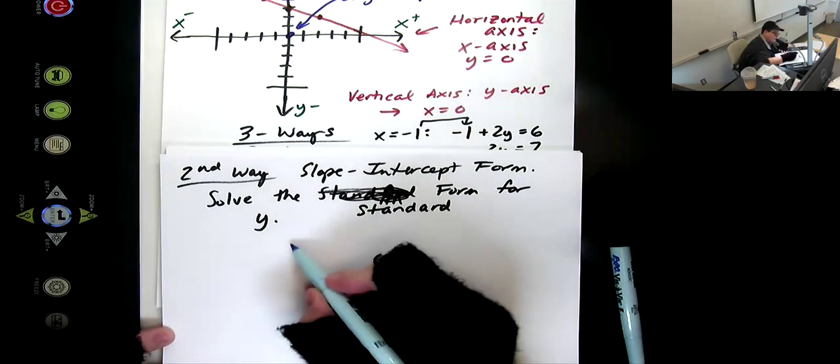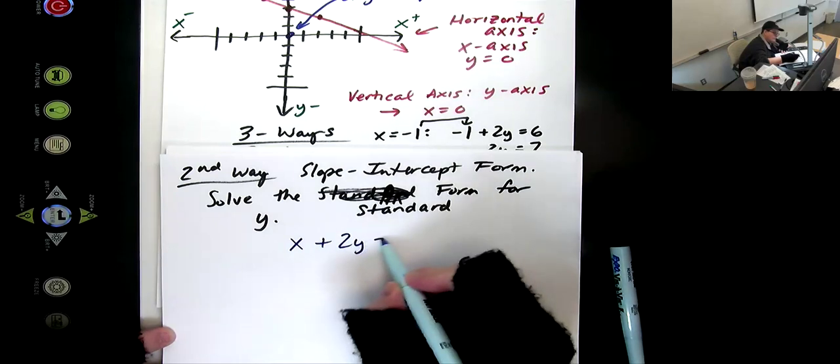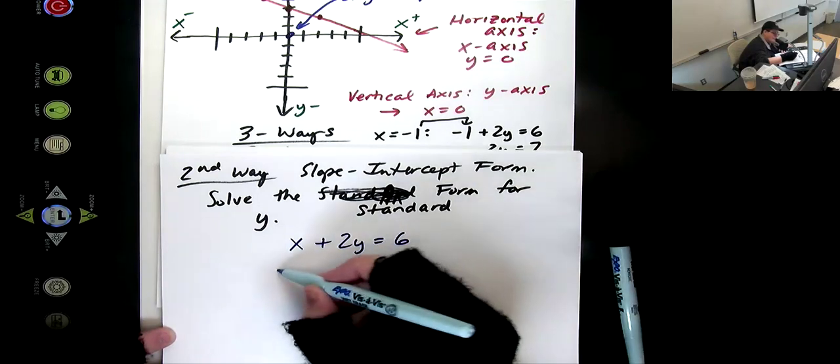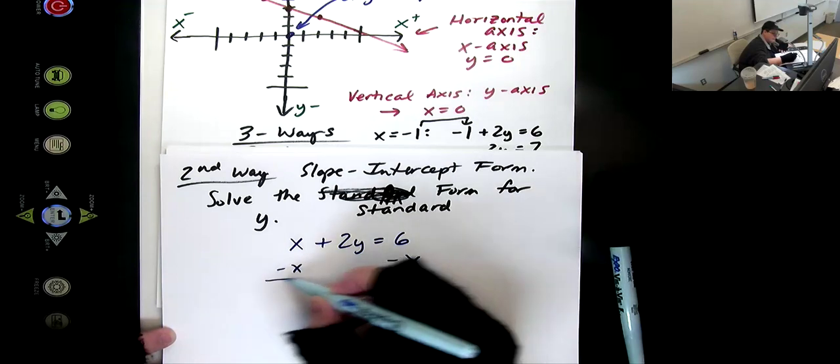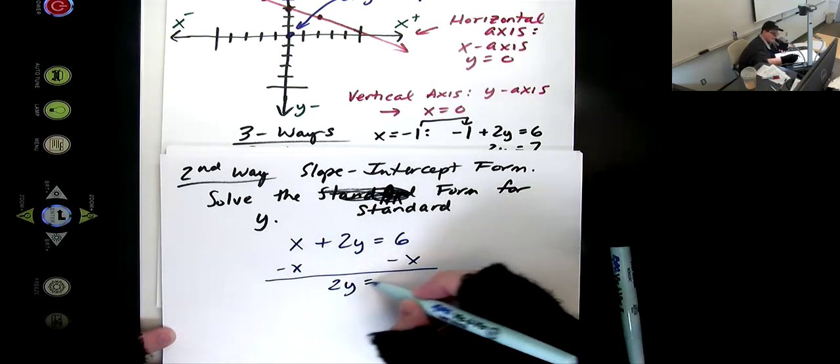So we had x plus 2y equals 6. I will subtract x from both sides, and I get 2y equals negative x plus 6.